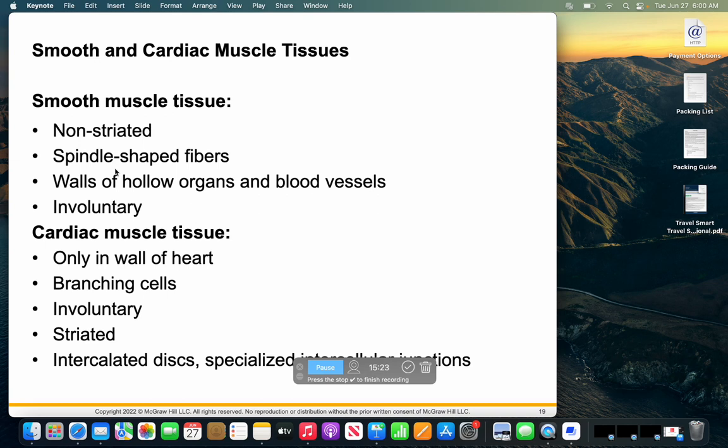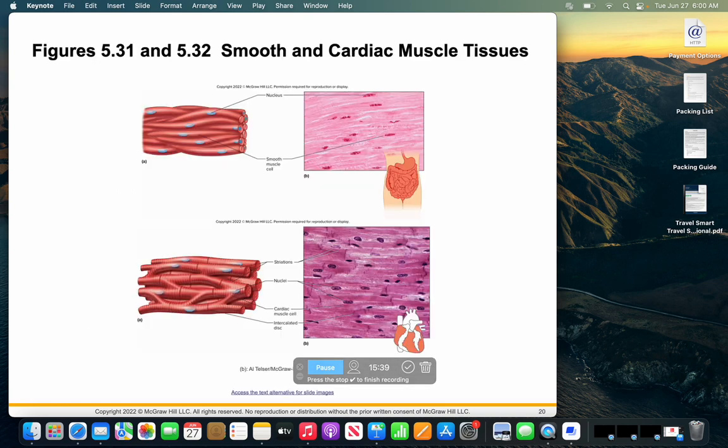They line hollow organs and blood vessels, and they are involuntary. While cardiac muscle is striated, which is why it's not called smooth, and is only found in the wall of the heart, and it has these weird branching cells. They are also involuntary, like smooth muscle, but they are neat because they have these intercalated discs. So here's the smooth muscle with the single nuclei, and they're kind of tapered. And here's the cardiac, and you can see these intercalated discs, and they're striated if you zoomed in.